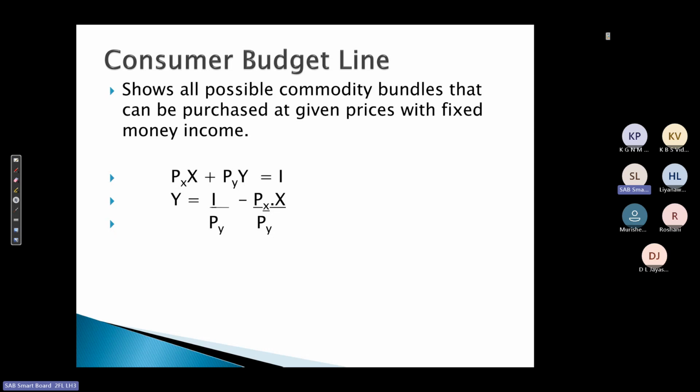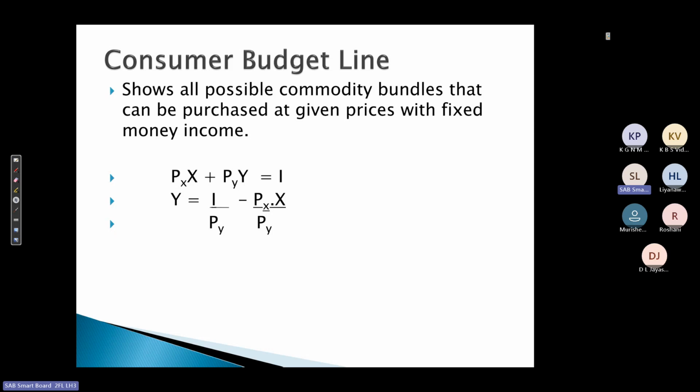PX divided by PY is the price ratio between the two products. So we identified the slope of the budget line as the price ratio, PX over PY, when we express it in terms of Y.